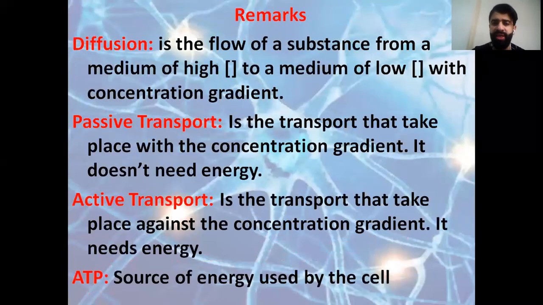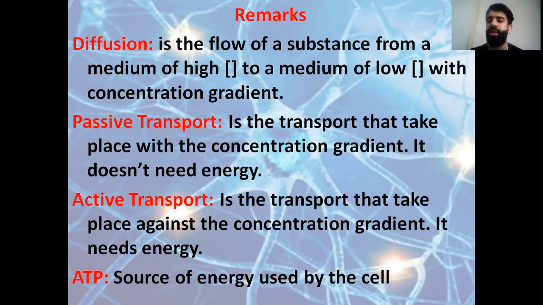We studied that diffusion is the movement of a substance from a medium of high concentration, high pressure or high volume, to a medium of low concentration, low pressure, low volume. And passive and active transport, we determined the differences between them. We said that active transport takes place against the concentration gradient and needs energy, while passive transport takes place with the concentration gradient and doesn't need energy.